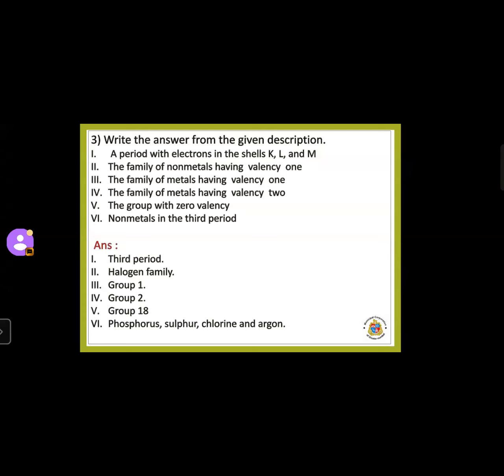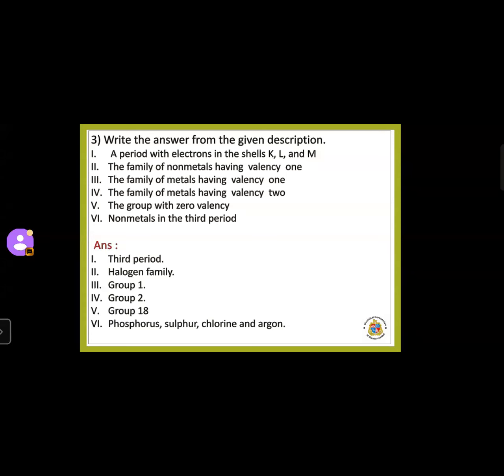Next question, a family of metal having valency 1. A family of metal having valency 1 means what? Outermost shell having only one electron, right?